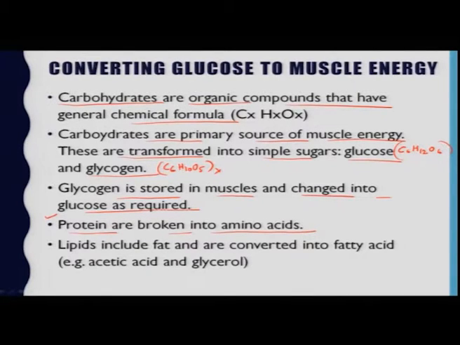An amino acid is an organic compound which consists of an amino group and a carboxylic group. Another kind of nutrient is lipid, which includes fat and is converted into fatty acids, acetic acid and glycerol.